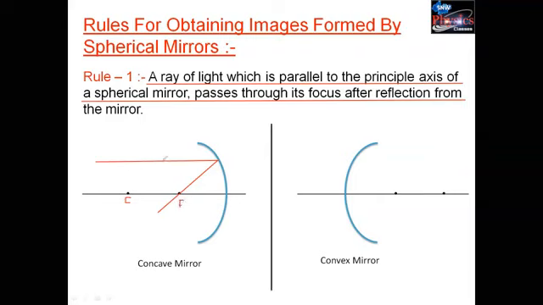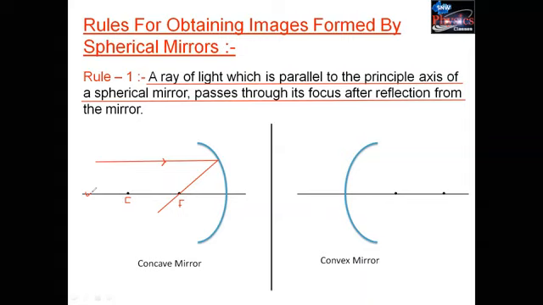What the first rule is telling us is that when a ray of light comes from infinity and is parallel to the principal axis, this one is the principal axis. We have discussed the terms related to spherical mirror in the previous video.